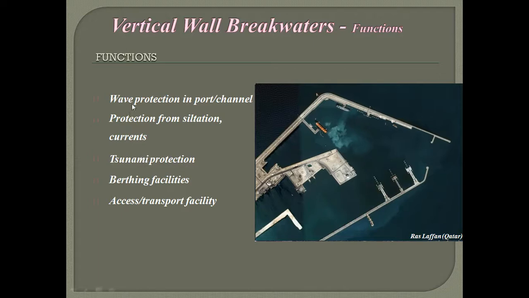Wave protection, protection from siltation, currents, tsunami protection, berthing facility, and assisting transport facility. This is the top view in which we can see the breakwater, and because of it berthing and loading of ships is done here in Qatar.